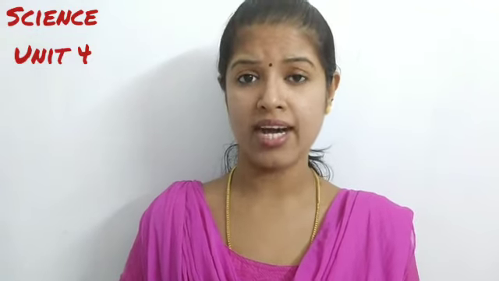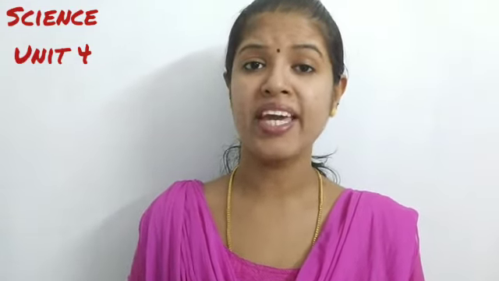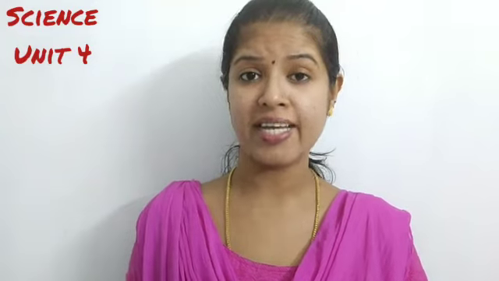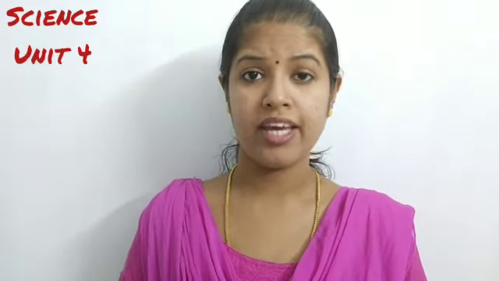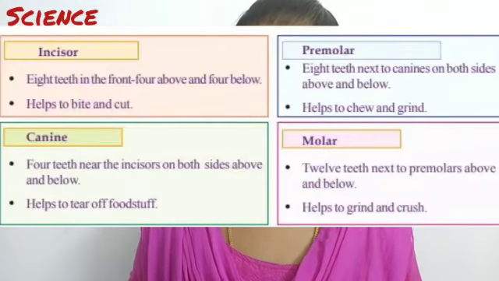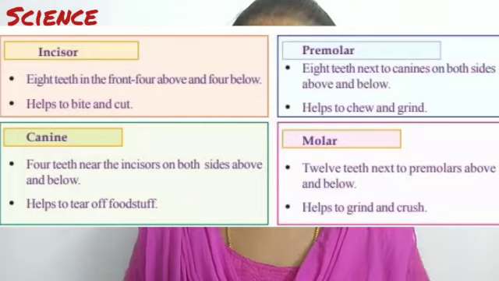Premolars and molars are commonly called molar teeth, and they are used for chewing and grinding the food. So these are the functions of different types of teeth. In your textbook, there is a chart showing where the incisors, canines, premolars and molars are present. So go through that.